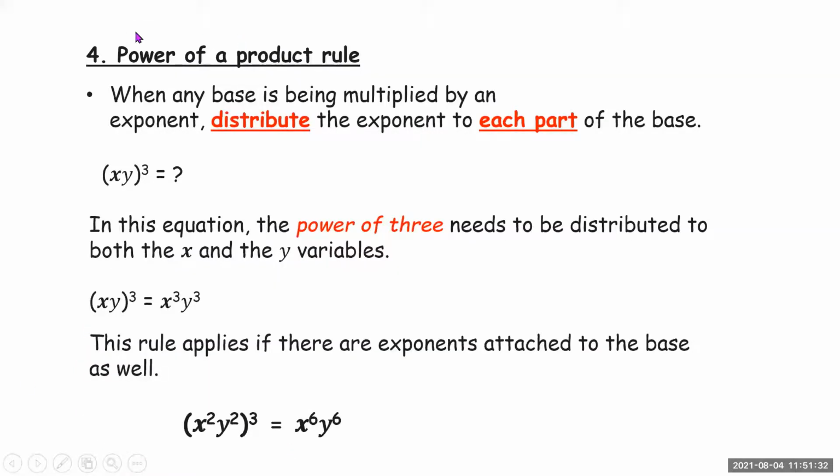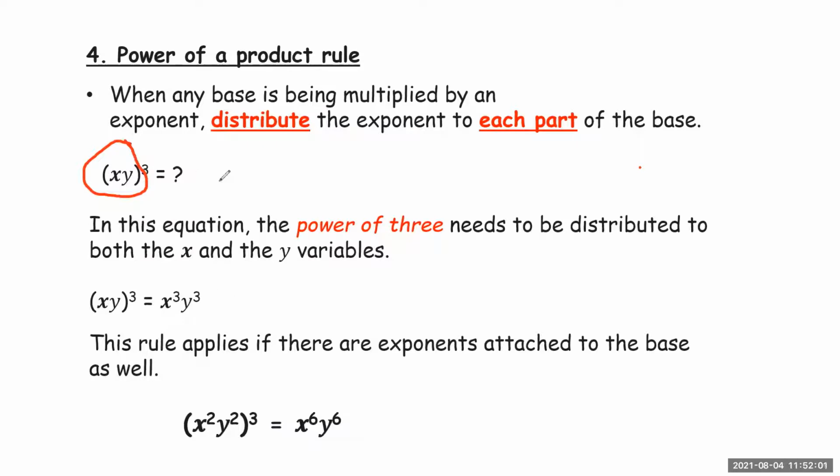Then the fourth rule is the power of a product rule. When a product of bases is raised to an exponent, distribute the exponent to each part of the base. In this case, we have xy to the power 3.